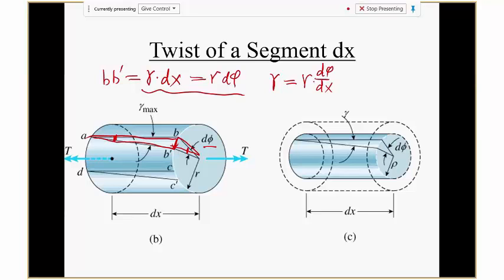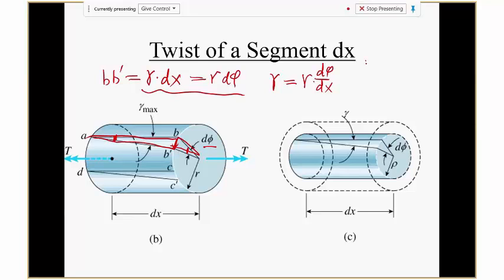Second, what if, instead of looking at the surface, we cut the middle? If I peel off the outer layer and look at the inside, you have a different R. The R will be smaller because you peel off the top layers. When R is smaller, what changes according to that equation? Gamma is going to decrease, right? So going from inside to outside, when you change the R, different locations, different layers, you're going to have a different shear strain.